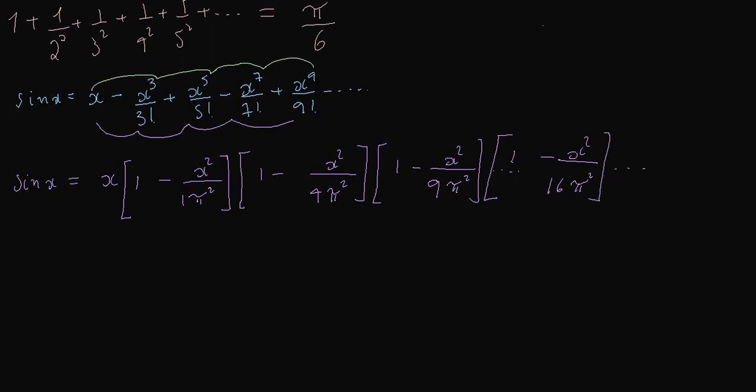Now if you look here, this is exactly the pattern that we see in the first series. This series can also be written as 1 plus 1 over 4 plus 1 over 9 plus 1 over 16 plus 1 over 25 plus, and so on.